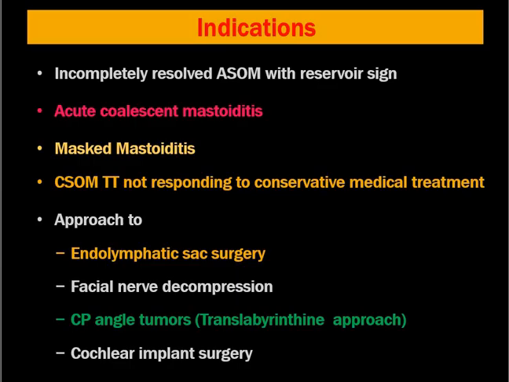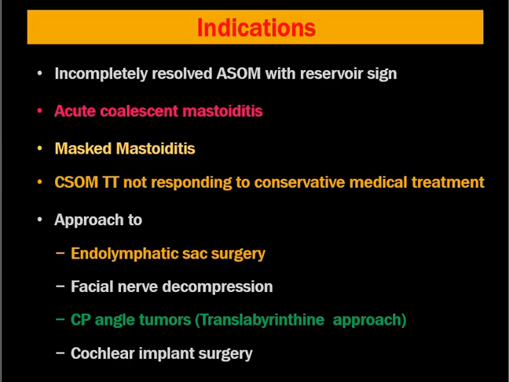Common indications are incompletely resolved acute suppurative otitis media with reservoir sign. When there is reservoir sign, we think the mastoid has become a single pond or single pool, that is coalescent mastoiditis. In case of acute coalescent mastoiditis, the septa break to form a cavity in the mastoid where there is collection of pus.